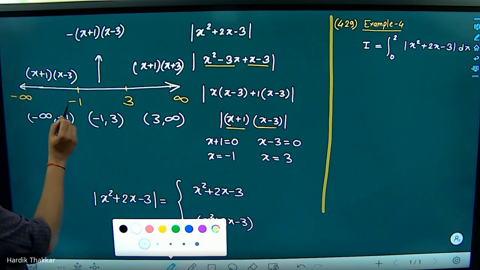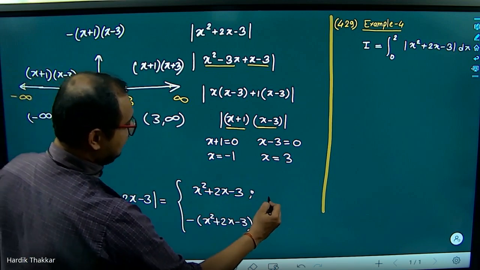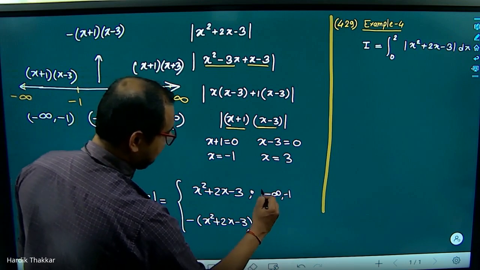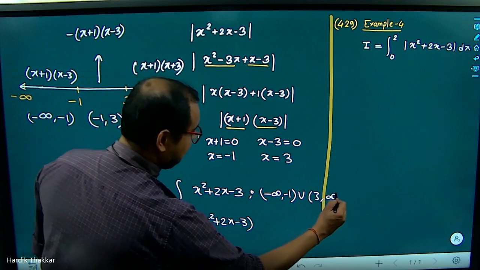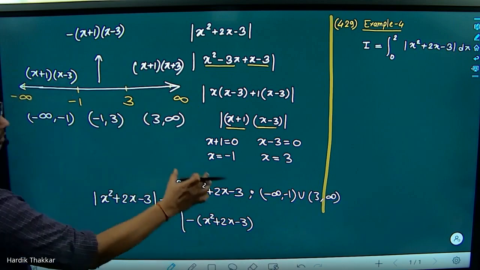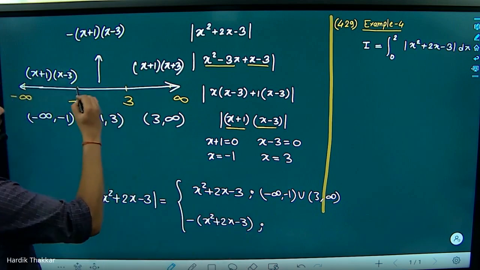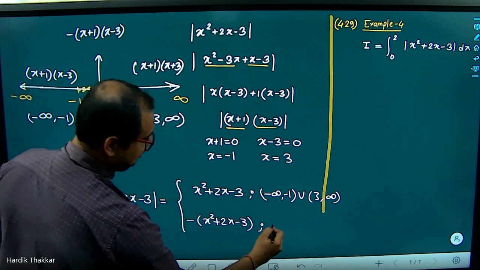It is from minus infinity to minus 1 and 3 to infinity. So this value will be considered over the interval minus infinity to minus 1 union 3 to infinity. For these two intervals the function will remain the same. And for the remaining interval, which is from minus 1 to 3.